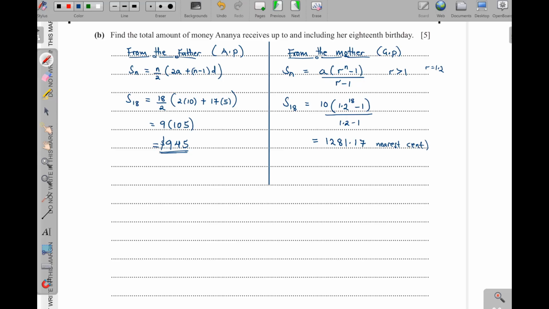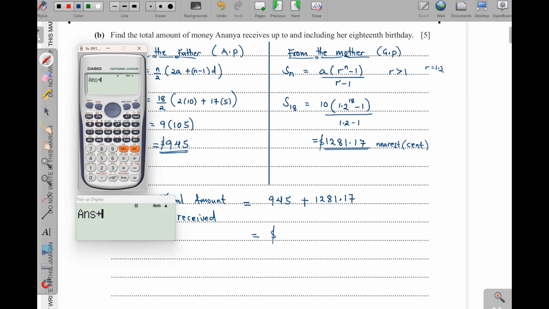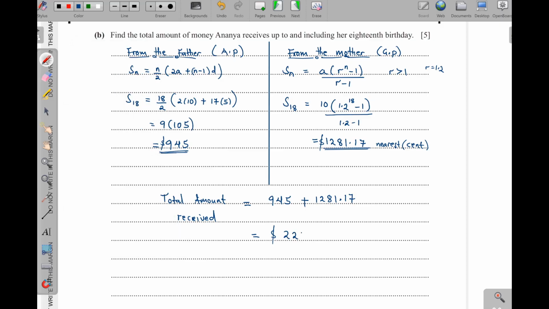Then from here, the total amount received is going to be the 945 plus this other one here, 1281.17, and then we shall have 2226.17.